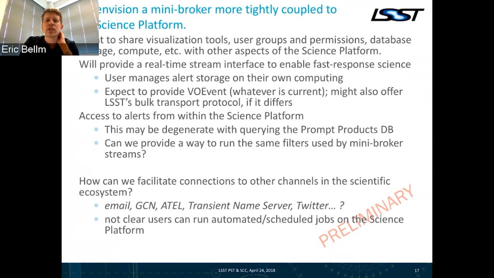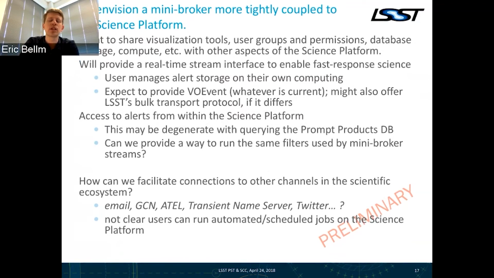It's also my feeling that there's an interesting use case of working with filtered output within the Science platform itself. So if someone doesn't necessarily want to have to listen all the time with their own computer to their filter, perhaps they could work within the Science platform itself. It's a little hard to tell exactly what the difference is between just querying the prompt products database whenever you want to find new sources.